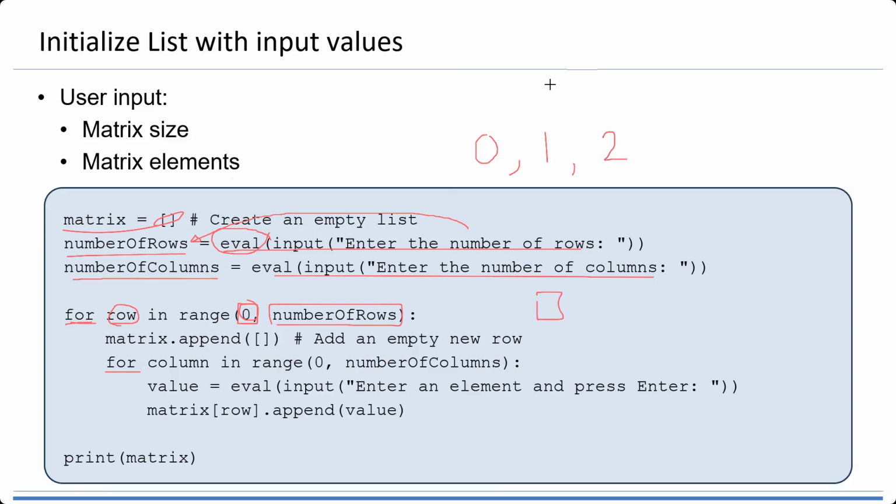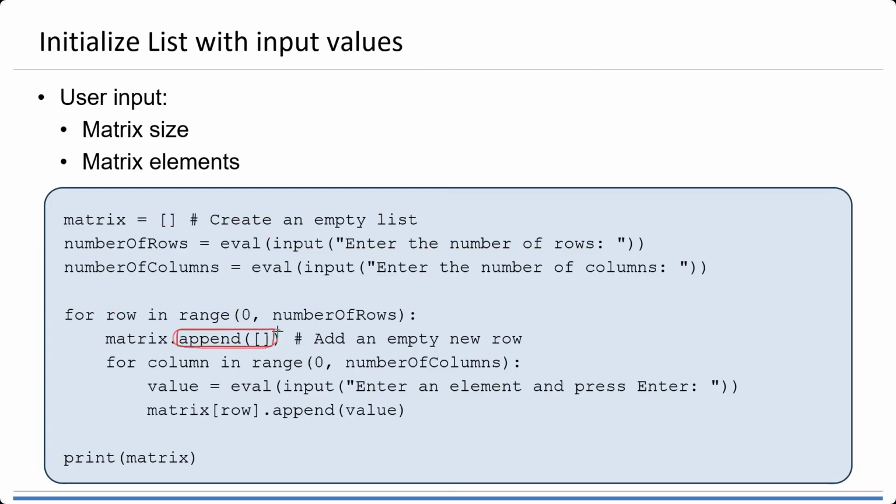Okay. So if the rows are 3, then I will go from 0 until 3. And the index will start from 0 and it goes to 3 minus 1. This is the 2. Now I'm going to put one empty element.